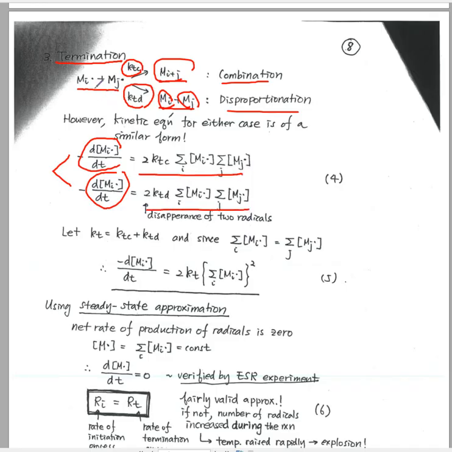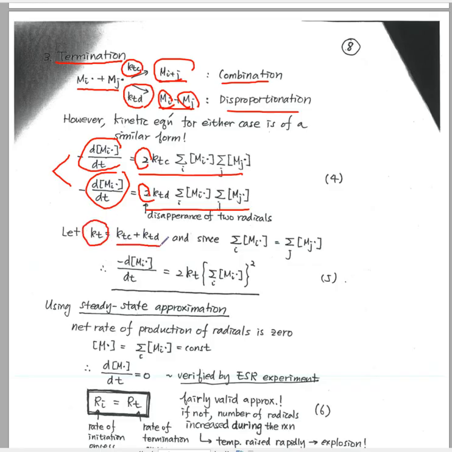Since we kill two radicals in each of these termination steps, we have to put 2 here. Let's denote this KT as the sum of KTC and KTD.